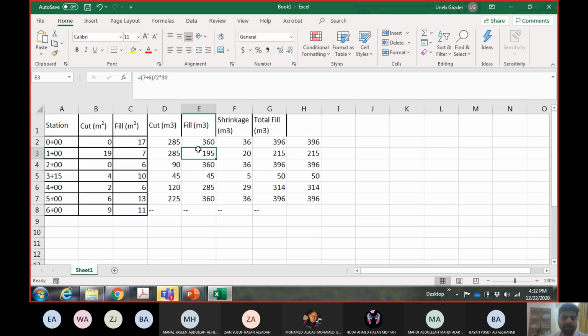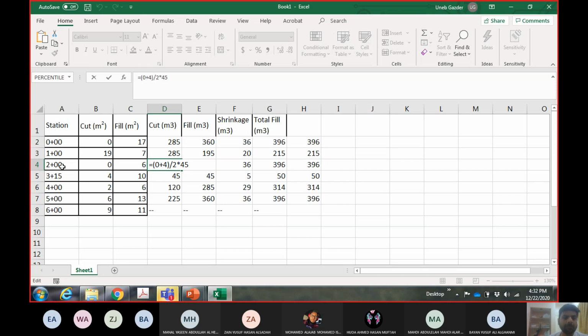Same thing for these two stations as well. For the first two stations there is no problem. In this station, most of you made the mistakes. Now you see this one is 2 and this one is 3 plus 15. The end areas are 0 and 4, so 0 plus 4 divided by 2, multiply by 45.